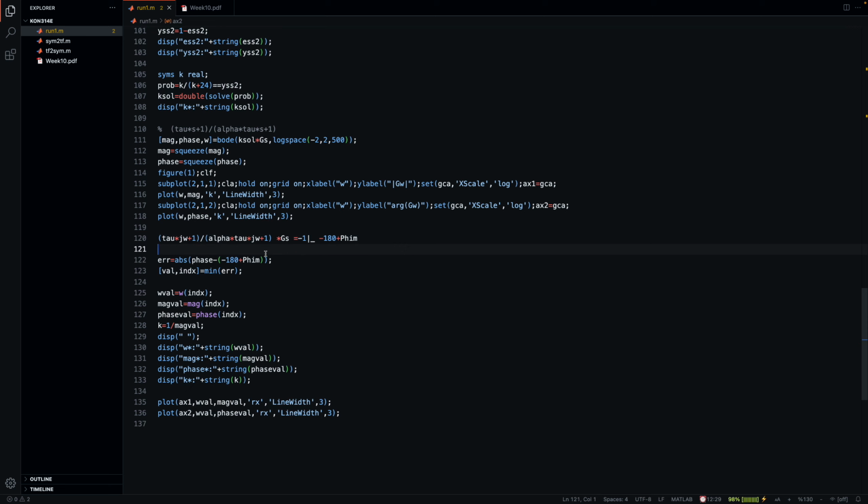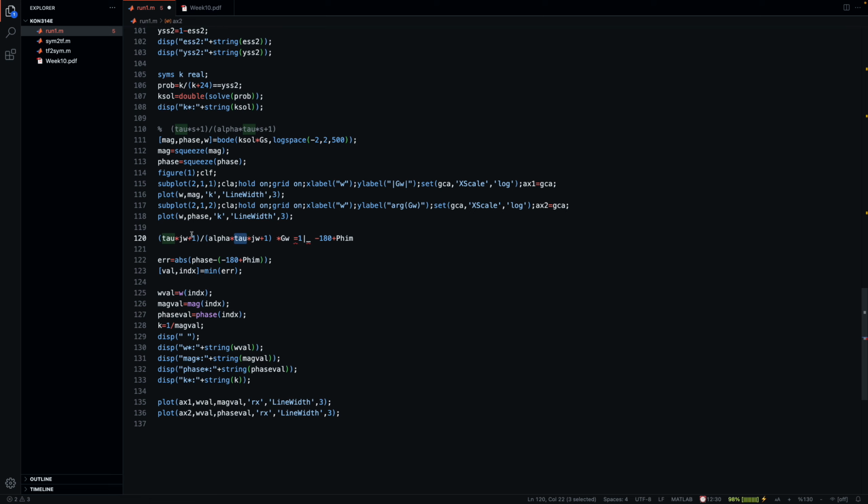And the issue is that I'm not going to get rid of the controller part that easily, as was the case for the p-type controller. Because the argument of this has a certain argument plus the argument of j omega, and this will have gain 1. At least the gain is quite good, so the gain is not going to be affected, so I can use basically the gain of G of j omega here. But you can see that the calculation of this involves unknowns. We have alpha, we have tau, which are the controller parameters, and we don't know what the values should be.